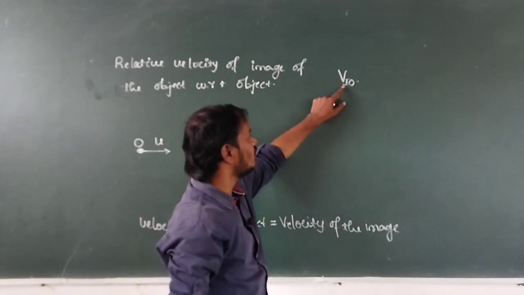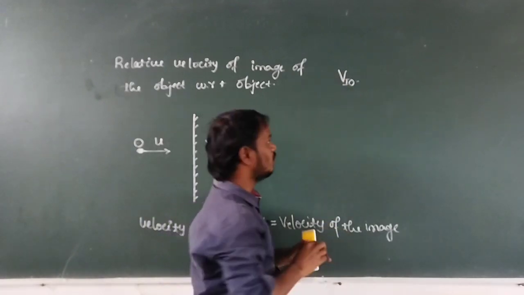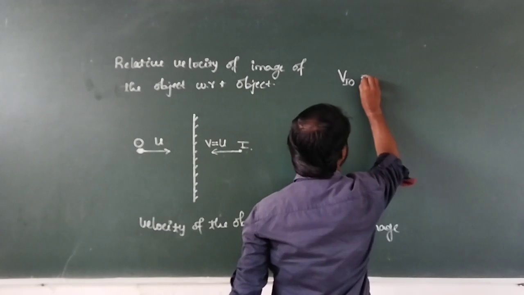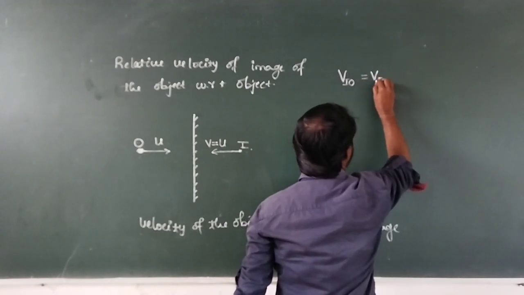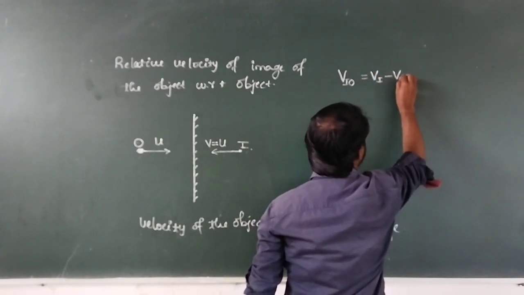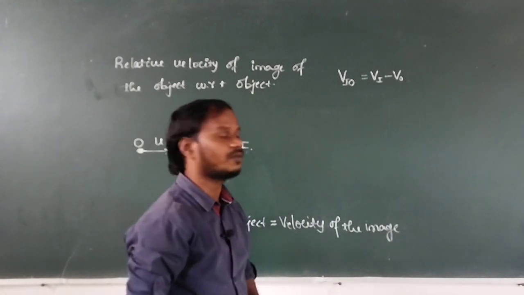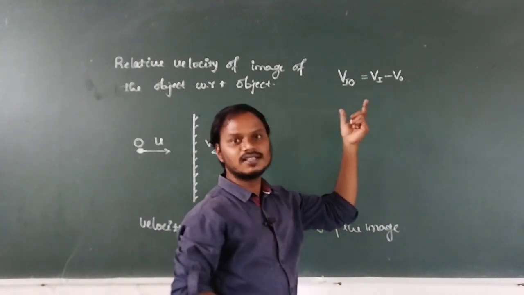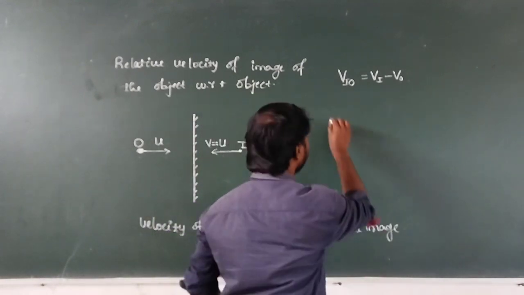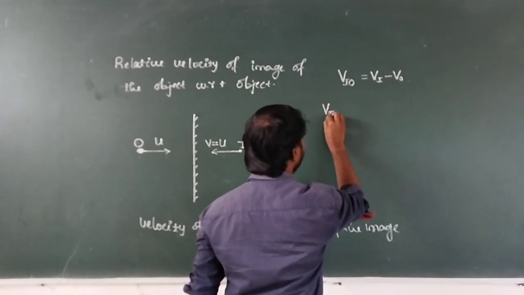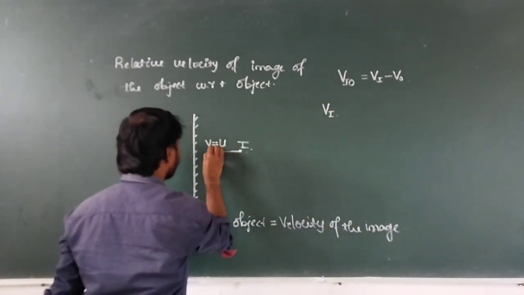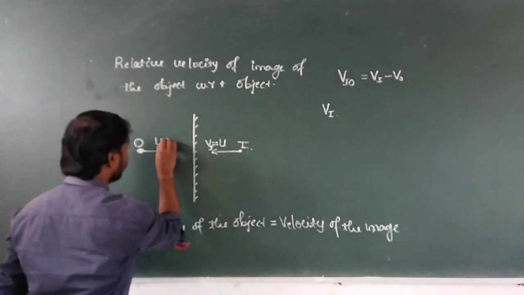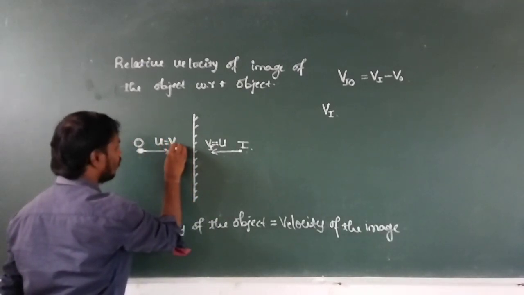The velocity of the image with respect to the object. Then we can write V_I minus V_O. What is V_I? V_I is the velocity of the image, and V_O is the velocity of the object.